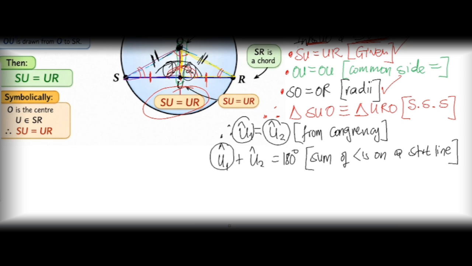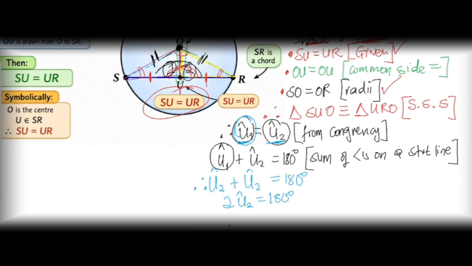So we can say this will become U2 plus U2. Remember, angle U1 is equal to angle U2, so whether it's U1, we put U2, making U2 plus U2 equal to 180 degrees. Remember, we have two of them, so 2 U2 equals 180 degrees.